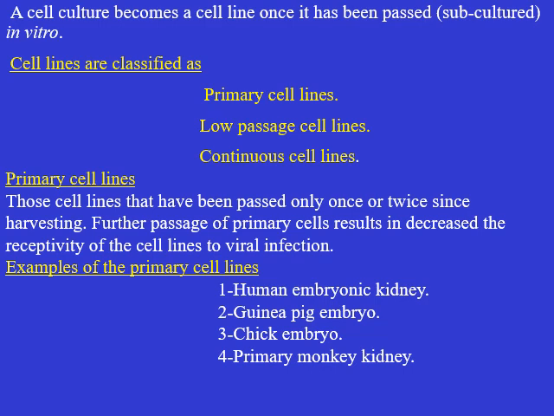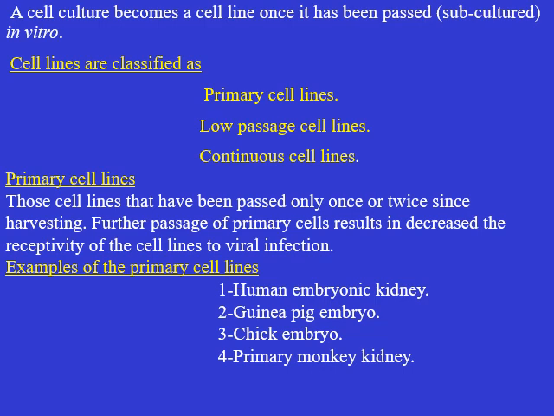So these cell lines have the capacity to be passed, to be subcultured, once or twice in vitro. After that, there will be deterioration, a decrease in the receptivity of the cell lines to the viral infection.